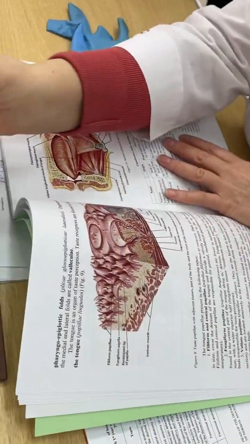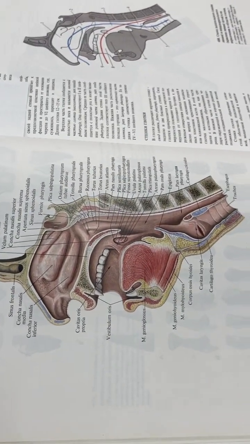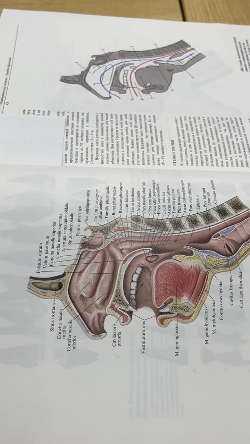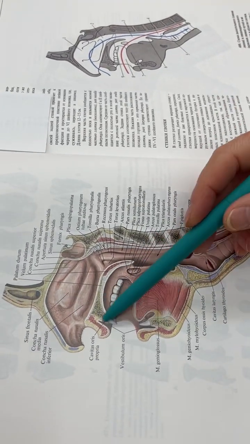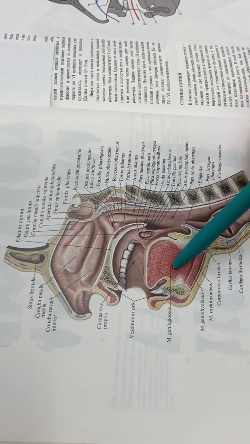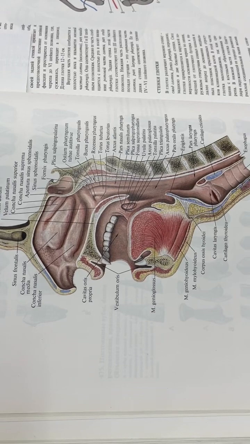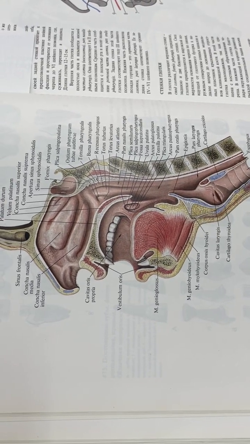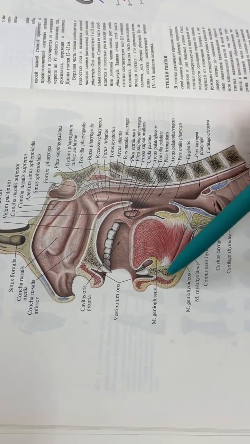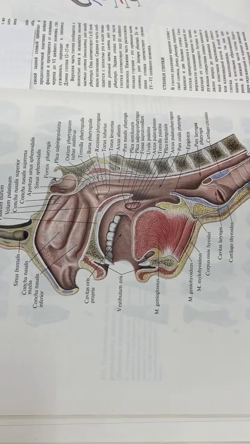The same we will see in the specimen. The oral cavity is divided into two parts: the vestibule of the mouth, and then the oral cavity proper. The vestibule is limited from outside by the lips and cheeks, and behind by the dental arches, superior and inferior.